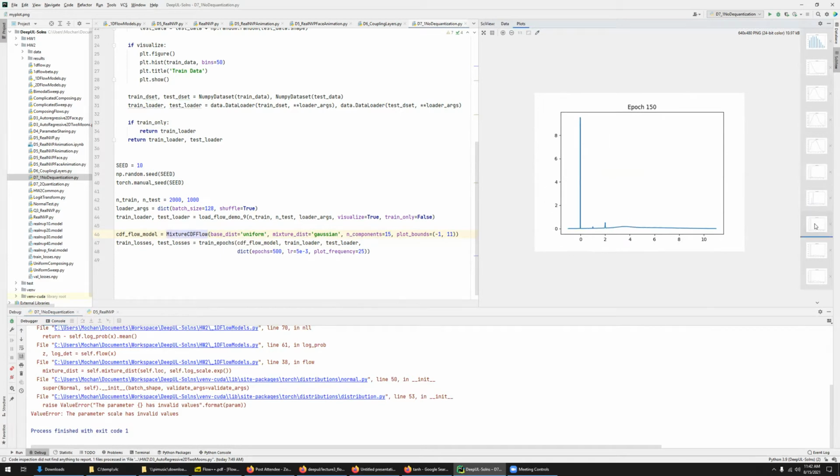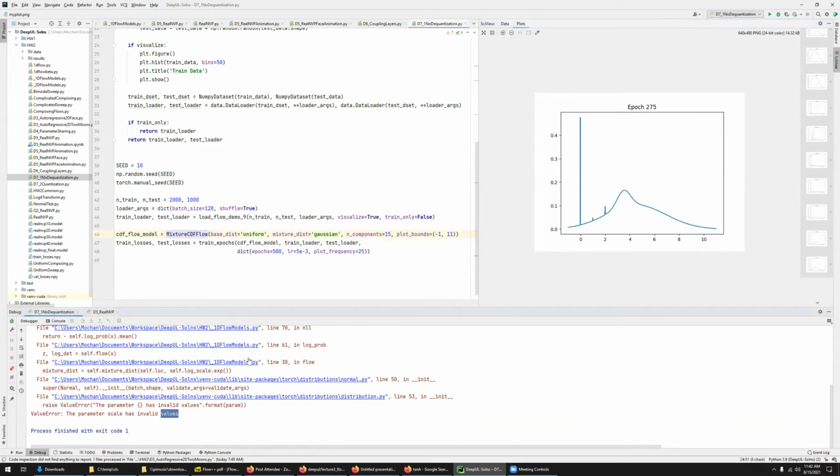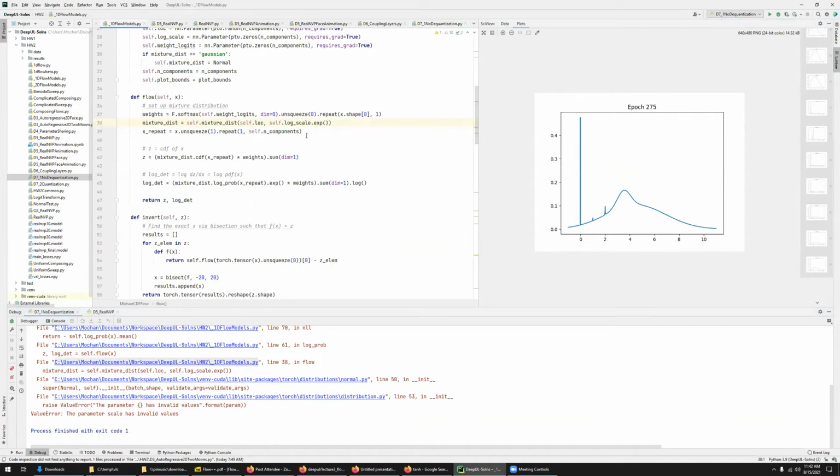As you can see, it has a hard time. It's fitting some things like this, and then it actually crashes in the middle because it says it has invalid values, and it's because right here, one of these becomes NaNs.